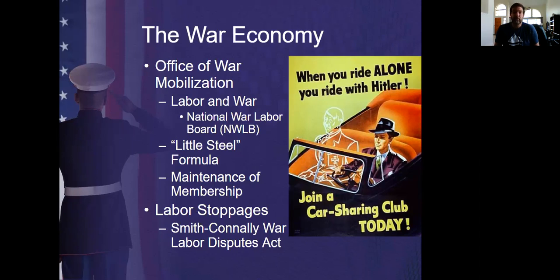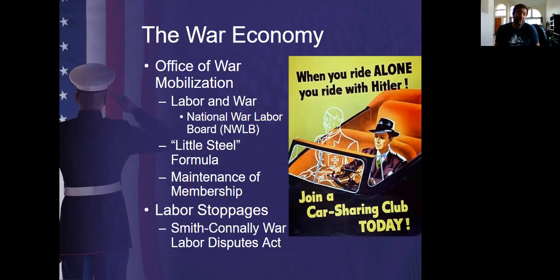It also allowed for maintenance of membership to be put into place, which is the automatic enrollment of members of defense plans into labor unions. And yet still, despite that, there were over 15,000 work stoppages during World War II. And the Smith-Connally War Labor Disputes Act basically told unions they had to wait 30 days before they could engage in any sort of work stoppage.